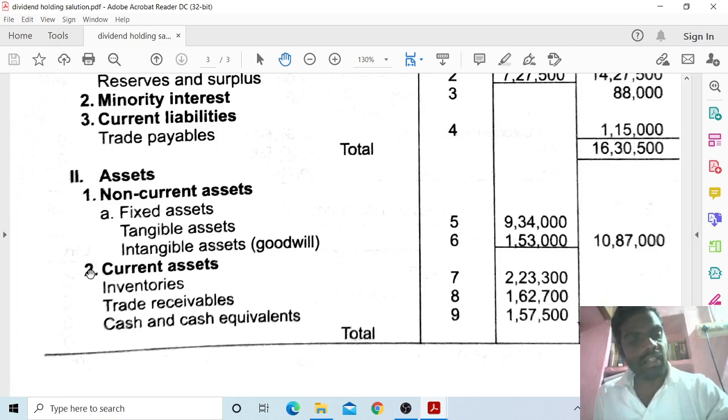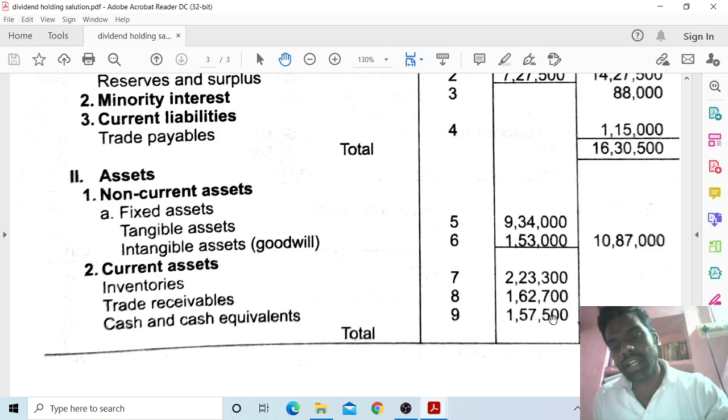Next, current assets. Inventories, note number 7, 2,23,300. Trade receivables, note number 8, 1,62,700. Cash and cash equivalents, note number 9, 1,57,500.